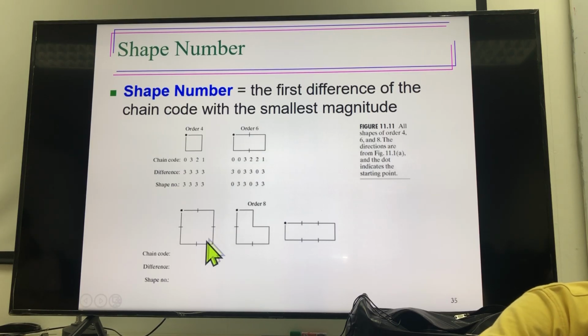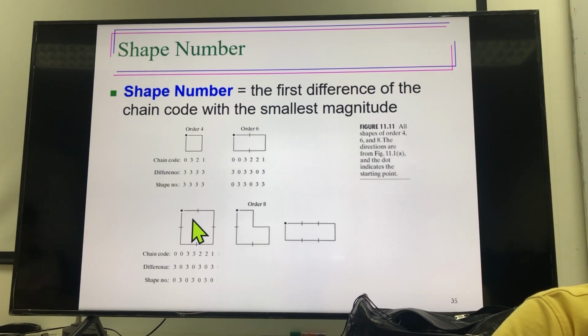How about this one? 0, 0, 3, 3, 2, 2, 1, 1. And this is the first difference, and that's the shape number.